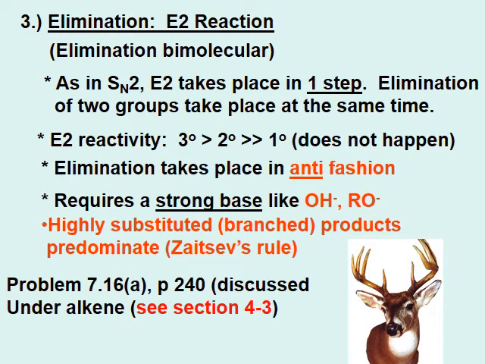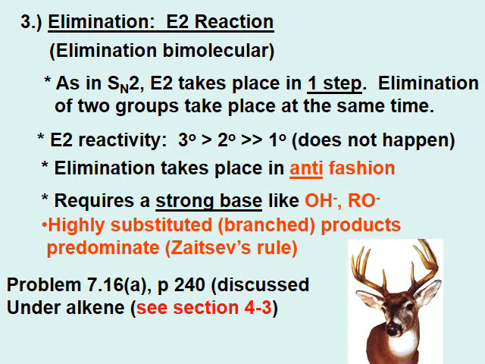Now, elimination reaction, I discussed that before, so it's pretty much repetition. What I'm trying to do is quickly go over this, because we discussed elimination reaction when we talked about formation of alkene from alkyl halide in chapter 4. So basically there are two types of elimination reaction.